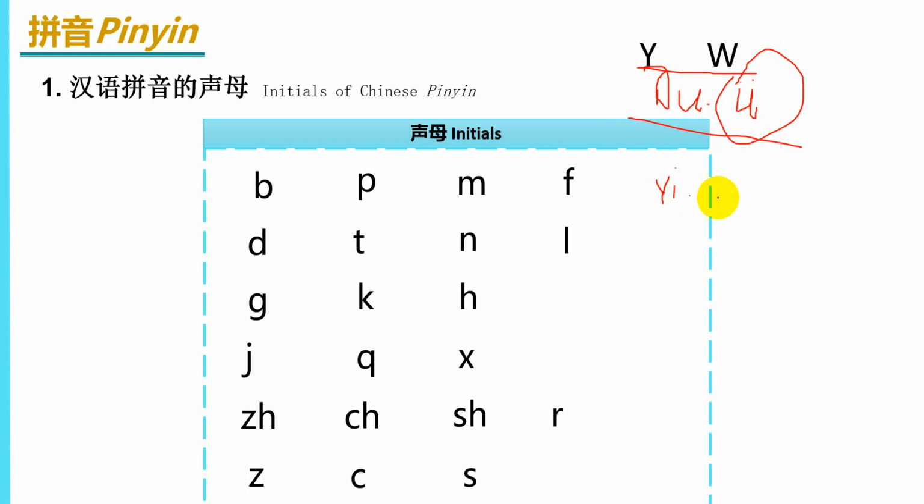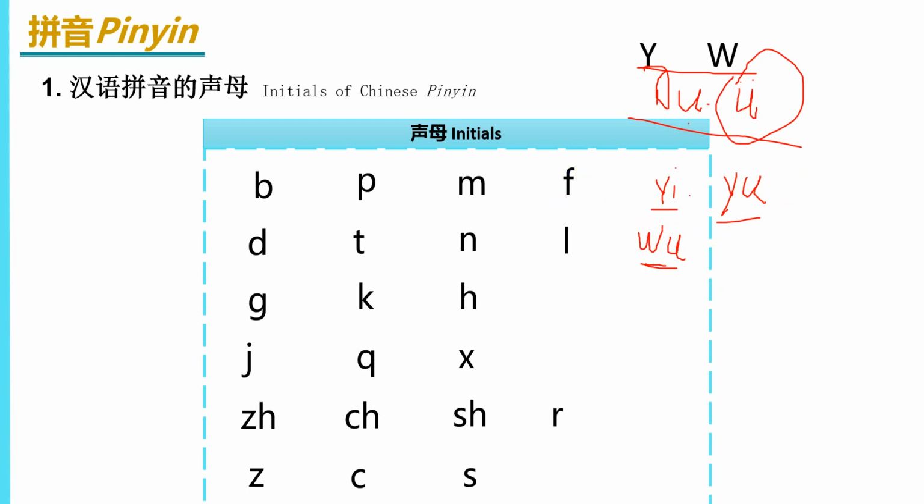When they combine, the two dots need to be removed. But when the U is used as a syllable by itself, such as number 5, U, we will put this one in front.